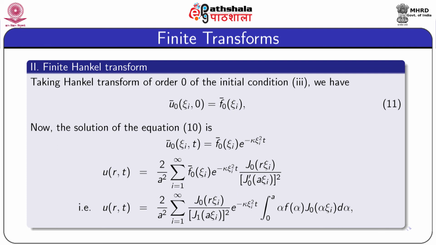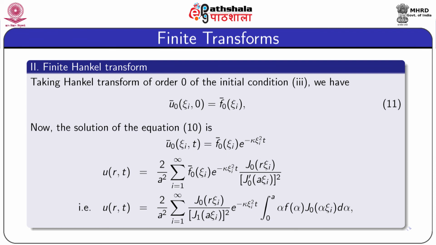Now, we want to find the value of u as a function of r and t. To find that expression, at this stage we apply the inverse finite Hankel transform. According to that formula, its value is equal to 2 by a square sum over I f0 bar e to the power minus kappa xi I square into t j0 divided by j0 dash square.